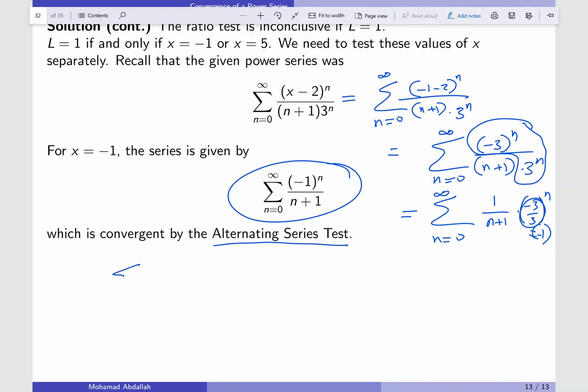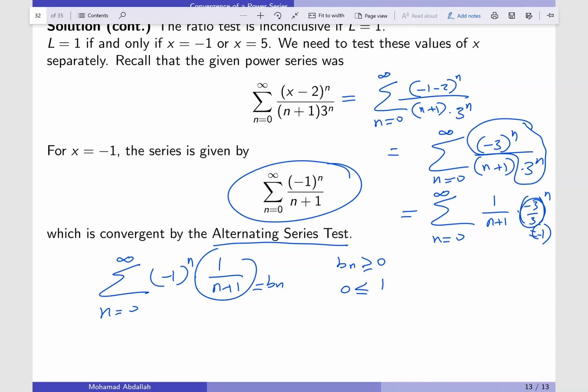Because in this case, you have the sum from n equals 0 to infinity, -1 to the power n times 1 over n plus 1. This is Bn. Clearly here, Bn is positive. Bn plus 1 is less than Bn, because Bn plus 1 is 1 over n plus 2, and Bn is 1 over n plus 1, so this is less than this.